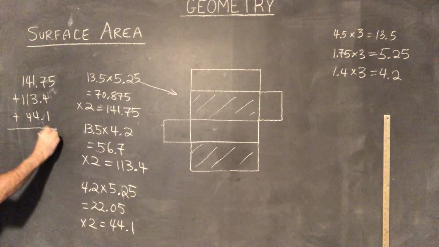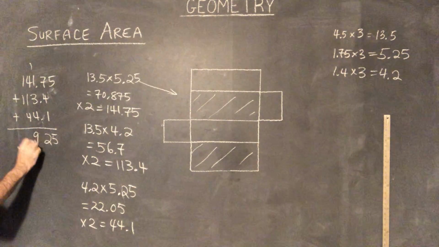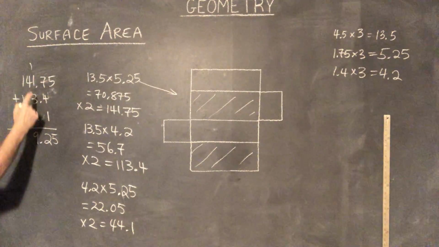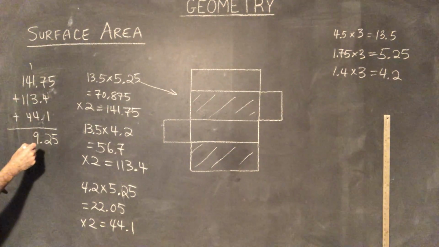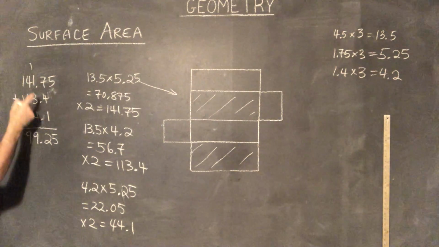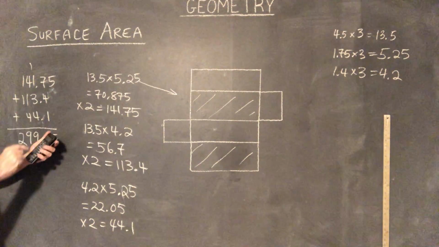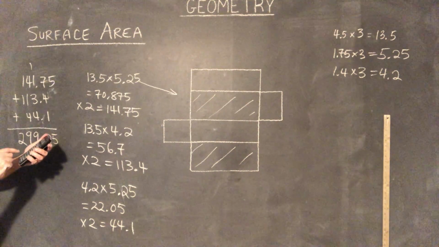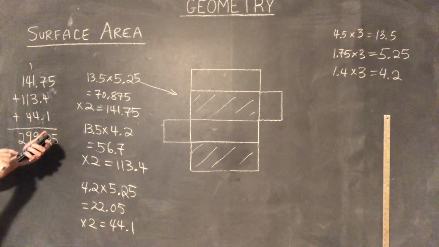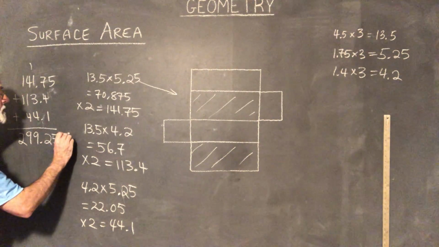Okay, 5, well, that's a 2 carry the 1, so 9, and then I have to make sure, I didn't draw this very neatly. 4 plus 1 is not another 9, and then there's this 1 plus 1 is 2. Let me make sure by using the calculator because this is messy. 141.75 plus 113.4 plus 44.1 equals 299.25 square inches.